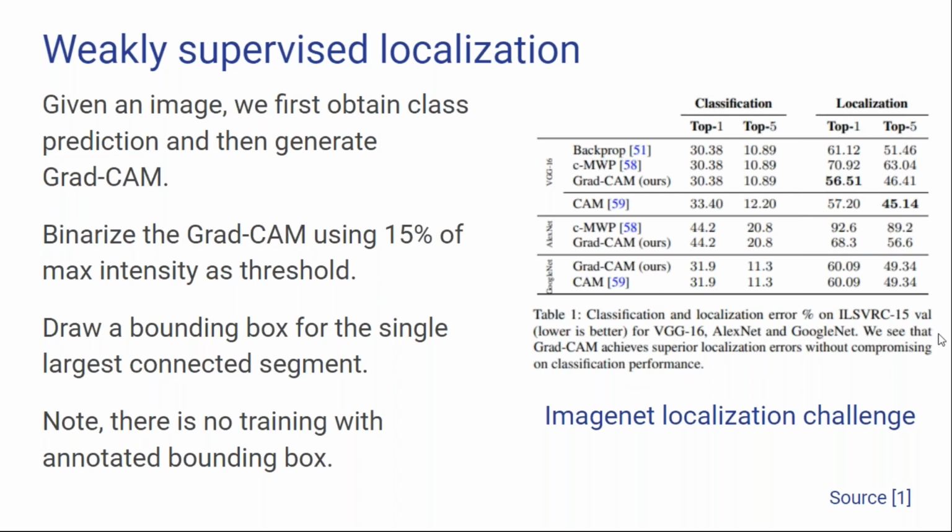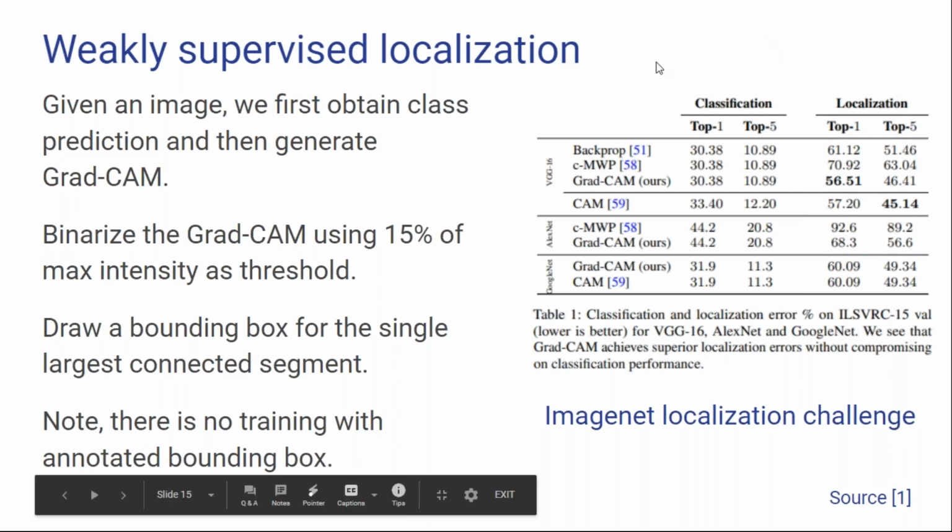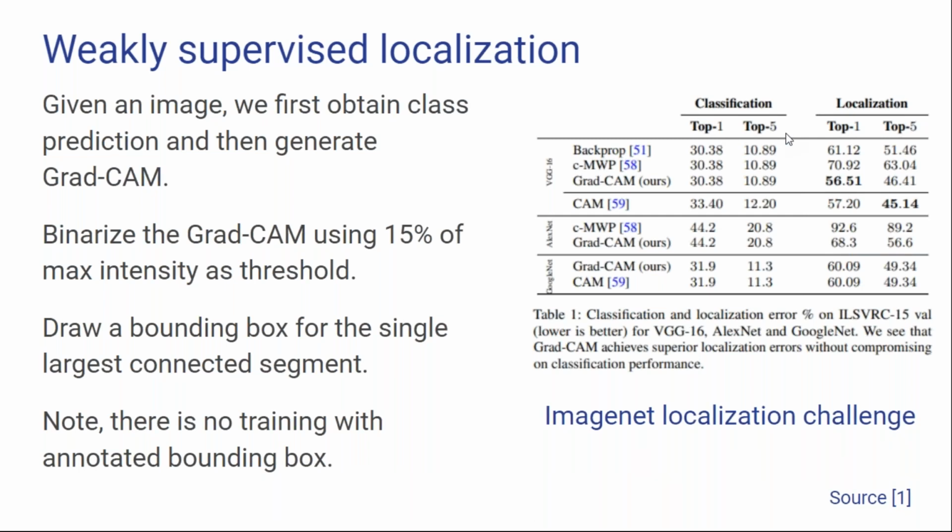They do some analysis on the ImageNet localization challenge. They compared the top 1 and top 5 metrics against the state of the art image localization architectures. As you can see, Grad-CAM is performing on par with, or sometimes better than, the state of the art techniques.